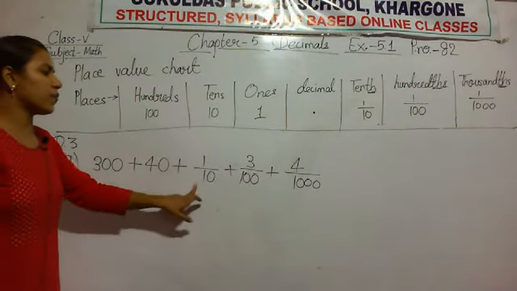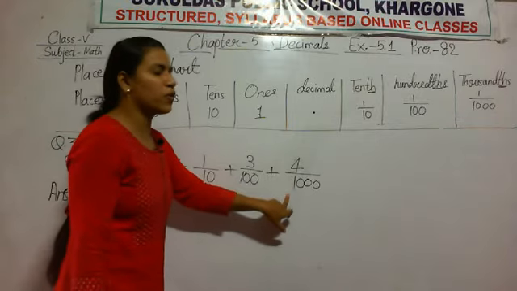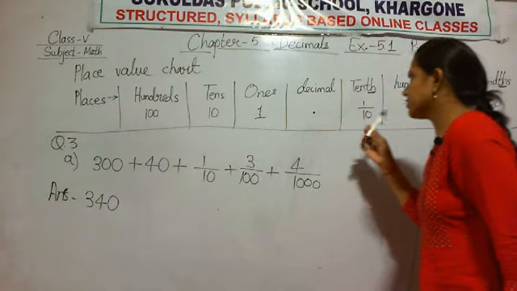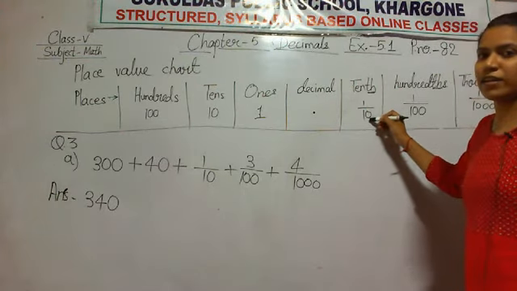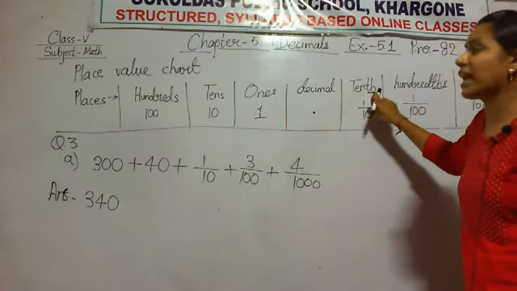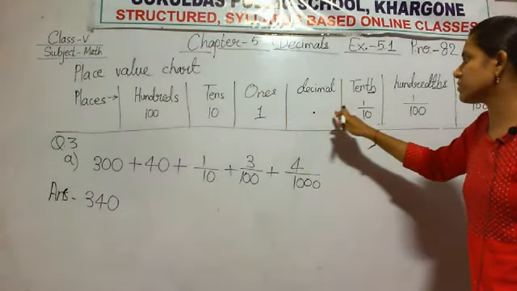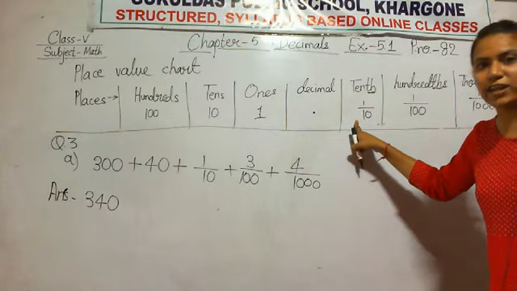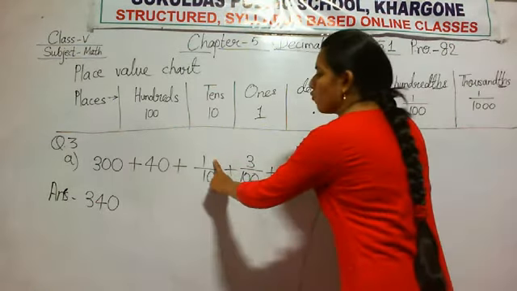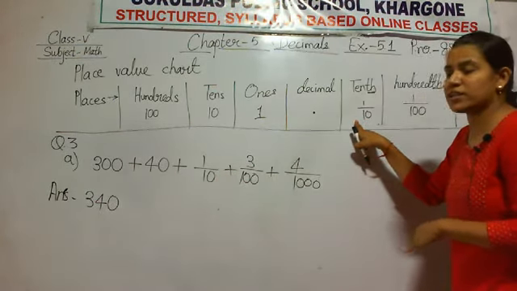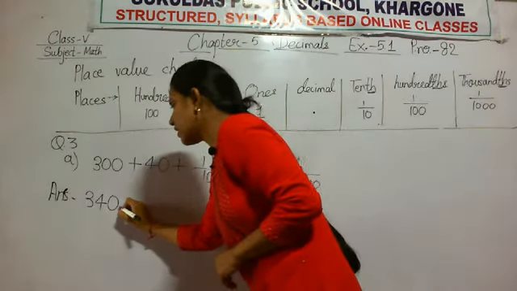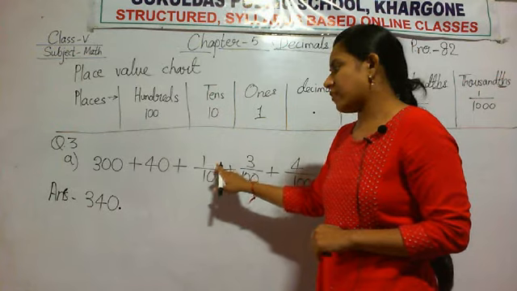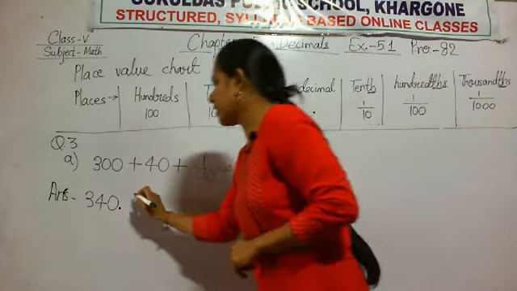Now observe this 1 upon 10, 3 upon 100 and 4 upon 1000. When we write 10 in the denominator of 1, it is the tenth place. It means it comes right of the decimal, so 1 upon 10 will come right of the decimal. So here we need to put a decimal, and 1 upon 10 we can write as 1.